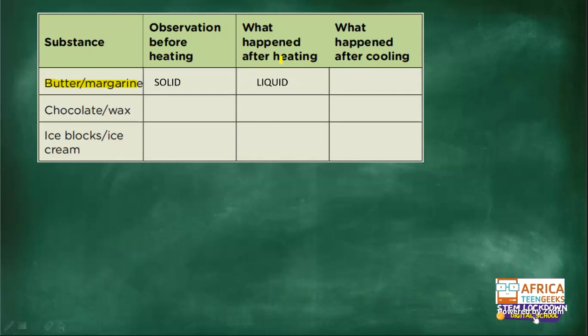Will it stay a liquid like that? Or what is going to happen? Can you type in your chat box for me? It will turn back into a solid. Did you know that? Not in the same shape. If you melt butter, even on a stove, and you take it off again, and you come back in a little while, that would have solidified.